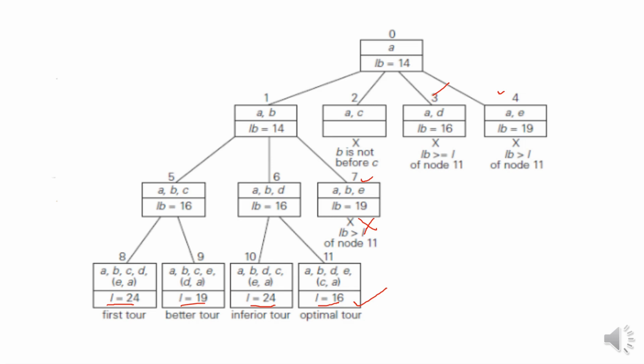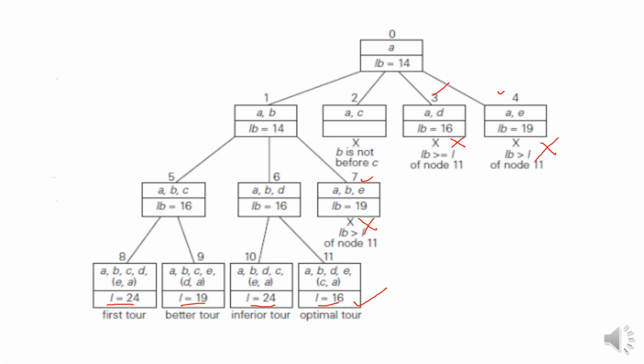Also node 3 has a lower bound of 16, which is equal to the length of this best solution, that is the optimal solution 16, and hence this also we need to terminate because it is non-promising. We are not going to get any better solution by expanding it further. And node 4, its lower bound is 19, which is also greater than the L obtained from node 11, which is 16.